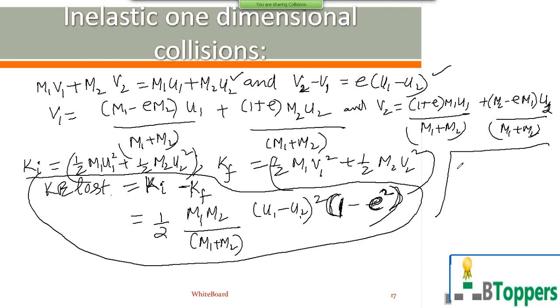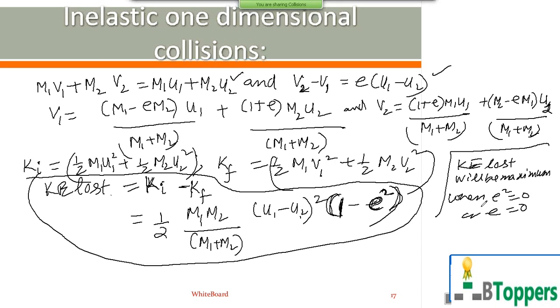That means for given values of masses m1, m2 and initial speeds u1 and u2 before collision, the kinetic energy lost in the one-dimensional collision will be maximum when e square is minimum, when e square is 0 or e is 0.